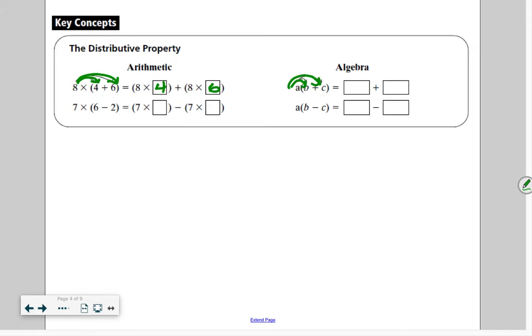So A times the B is AB, and A times C is AC. There's an addition sign between them because that's what they use inside the parentheses. Now, using the subtraction one, take out your pencil and draw the 7 being distributed to the 6 and the 7 being distributed to the 2.